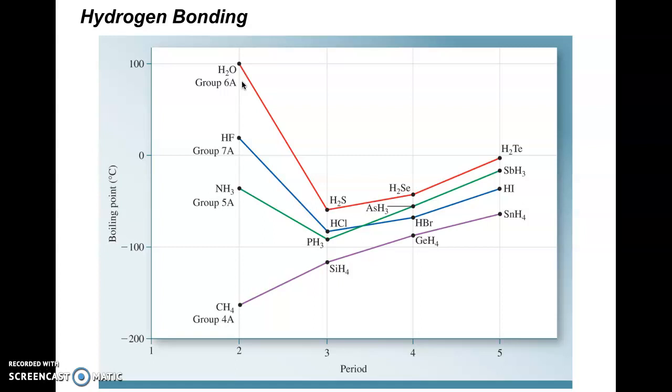Very, very strong dipole interactions and hydrogen bonding, because the dipole is a hydrogen bond, which makes those boiling points very high. And if we just look down group 4A, so carbon, silicon, germanium, tin, it is almost a straight line, but the very extreme hydrogen bonding that you have in water, HF, or ammonia makes those inordinately high.